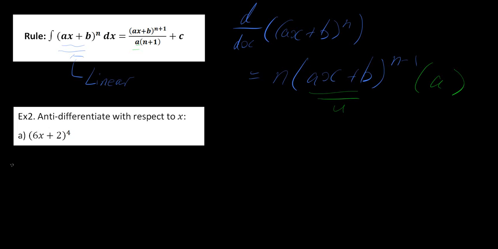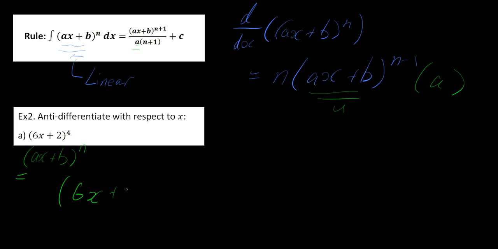Okay, so for this one down here, first of all, plugging it into the rule. Now, imagine all this involves ax plus b to the power of n, and anti-differentiating this would give you in the numerator the same thing, except the index is going to have an additional 1.